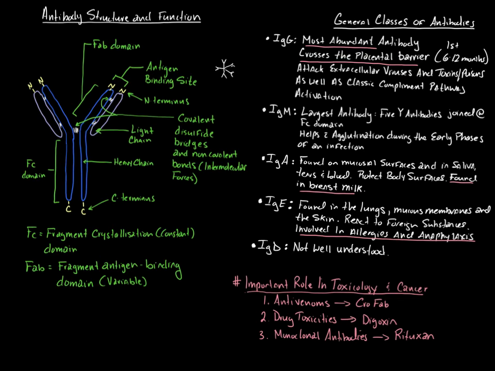This is important because certain types of cancer cells express specific antigens on their surface, and if you can create an antibody that will attach to those specific receptors, you can target that specific cancer cell and leave the other cells alone.